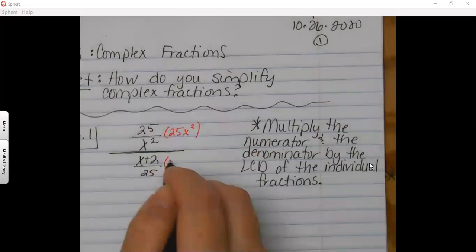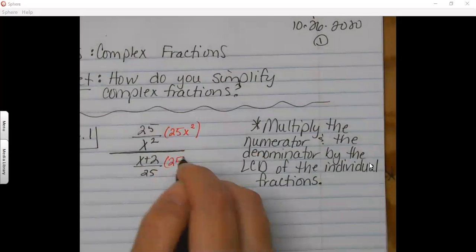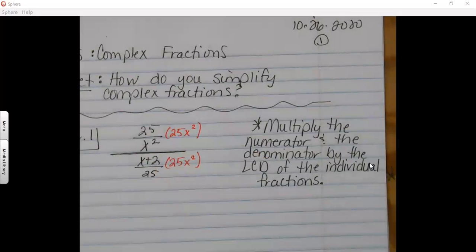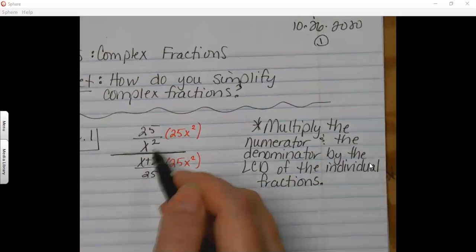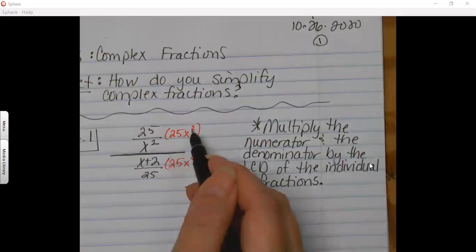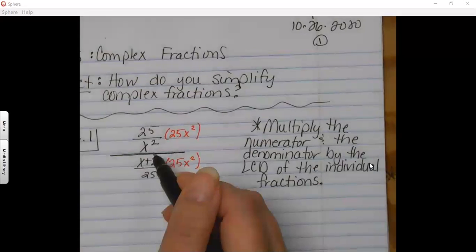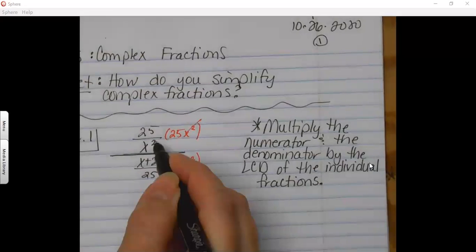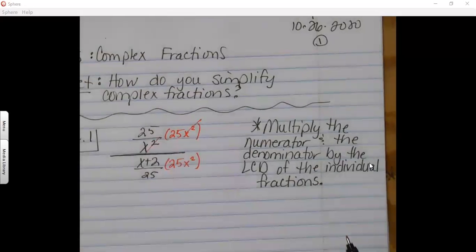Sometimes things will completely reduce, and sometimes you can only reduce partially. So in the top, the fraction in the numerator of the big fraction, when you multiply by 25x squared, that's 25x squared in the numerator, okay? So this x squared is in the denominator. Won't my x squareds cancel out? But the 25s won't because they're both in the numerator.